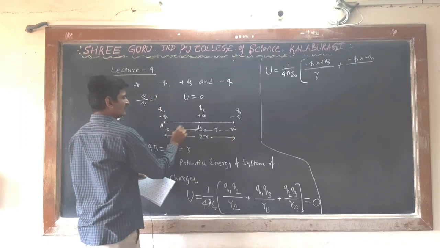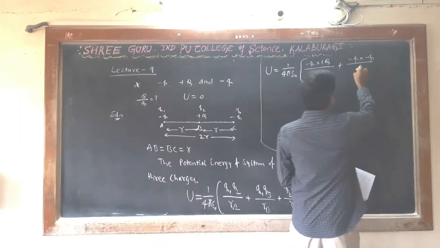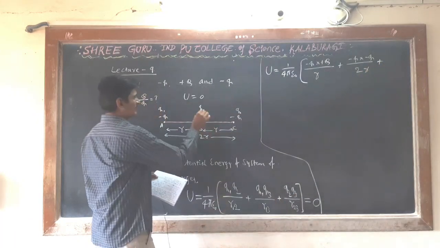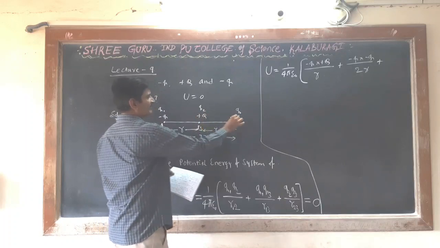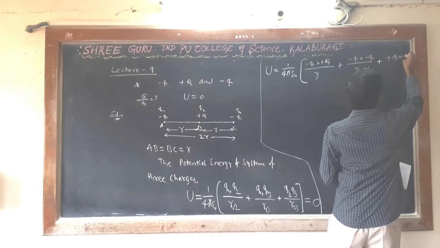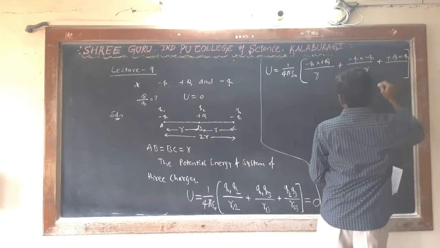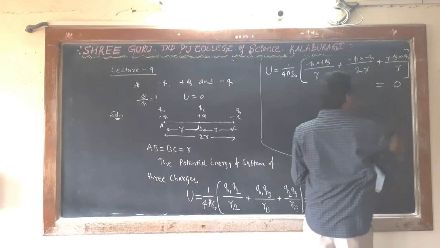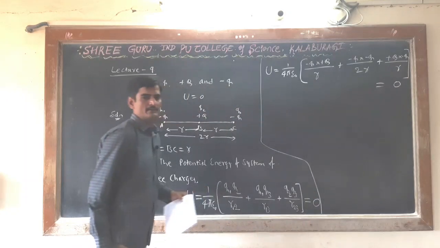From here to here the distance is 2R. Plus Q2 Q3, that is plus capital Q into minus q, and distance between them is R, and that is equal to 0 because they have given.